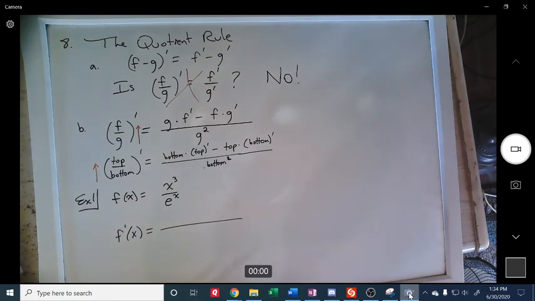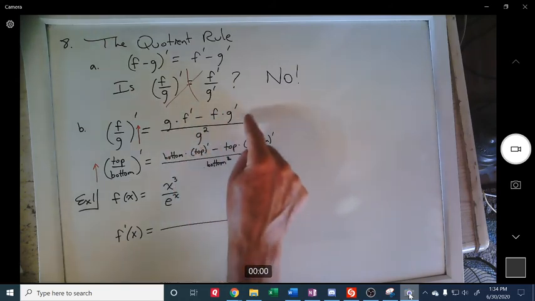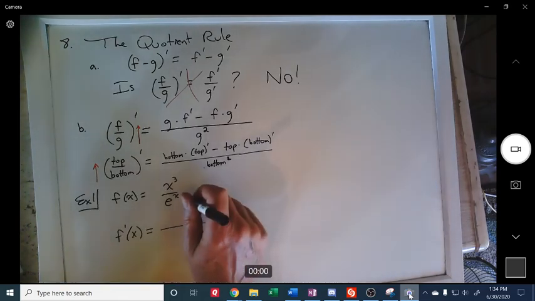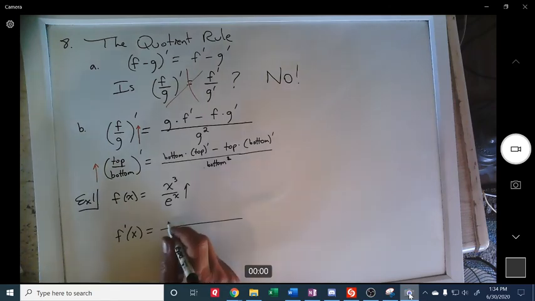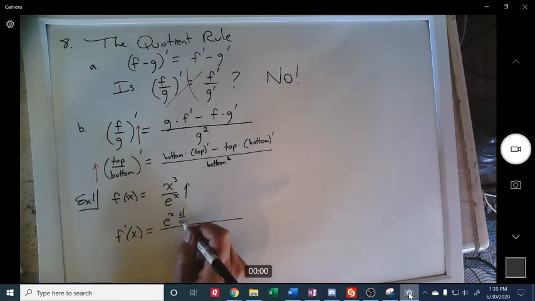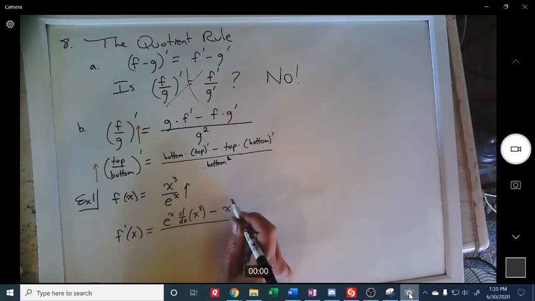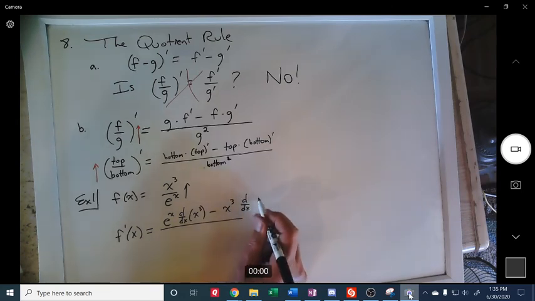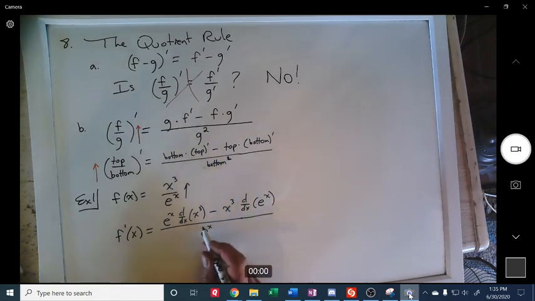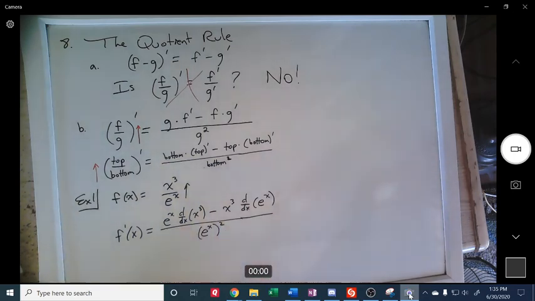But the way I memorize it is bottom times the derivative of the top minus top times the derivative of the bottom over the bottom squared, instead of trying to memorize all these kind of things. So then I do it. I put an arrow here to remind me to start at the bottom, times the derivative of the top, minus the top, times the derivative of the bottom, over the bottom squared.